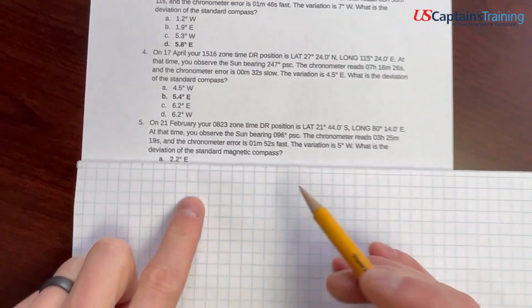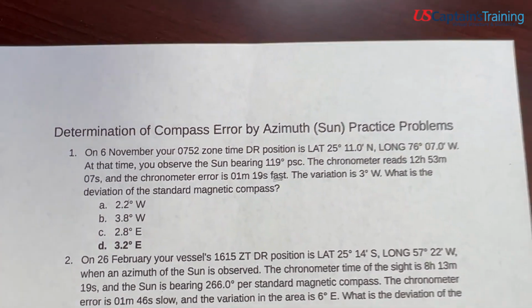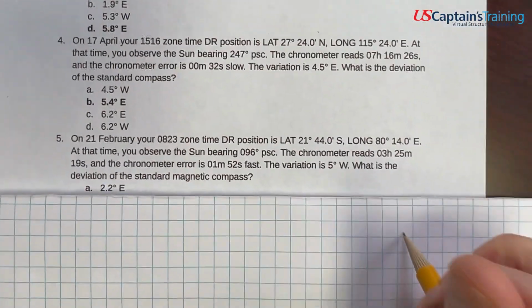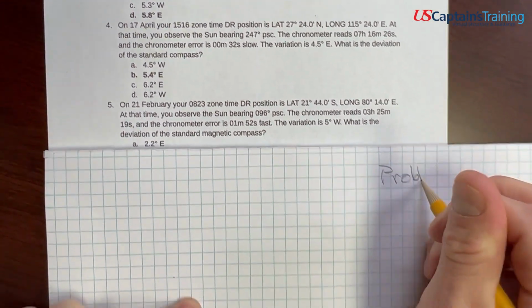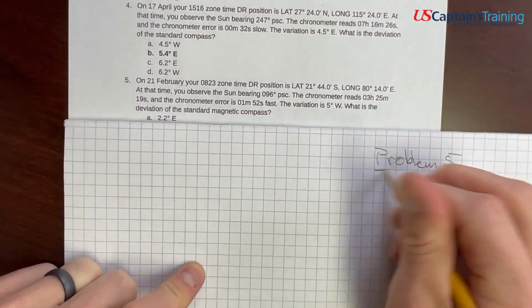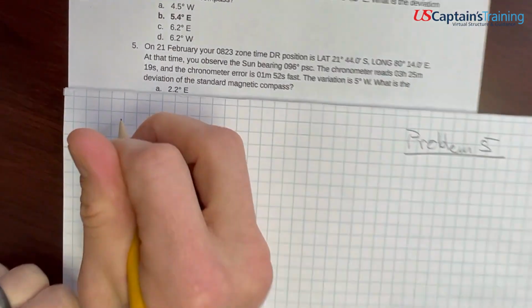All right. Problem 5. Determination of compass error by azimuth of the sun. Here we go. And we need our givens.